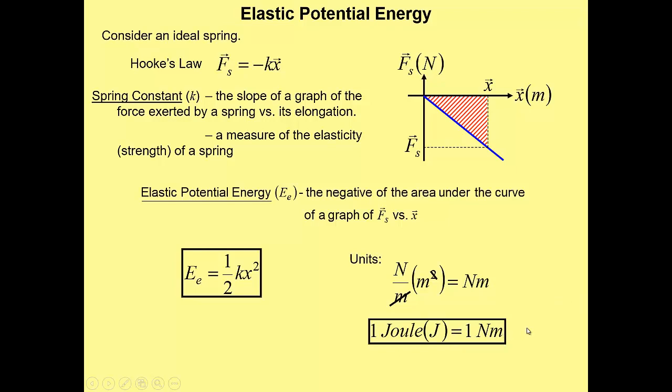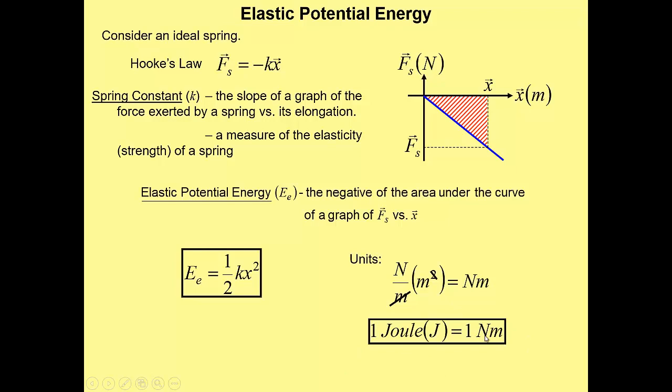Now I know that that's a little hard to understand by itself, but as we use it, you might be able to get into your head what a joule actually represents. 1 newton over a meter. A newton's not a very big amount of force, so this isn't really that much energy. By the way, remember that a newton is itself a derived unit.